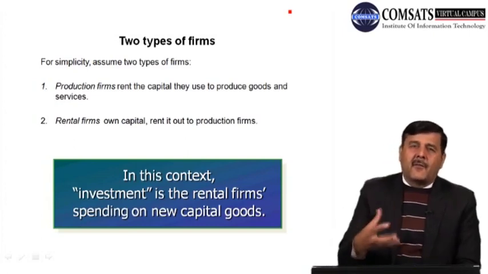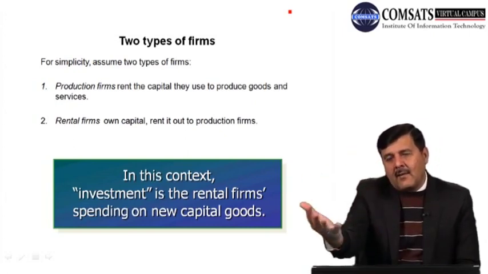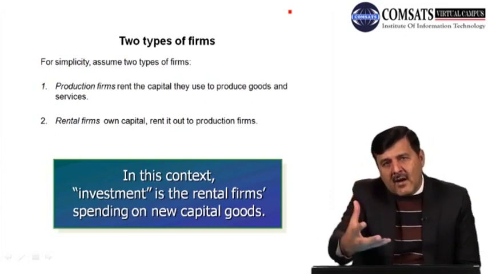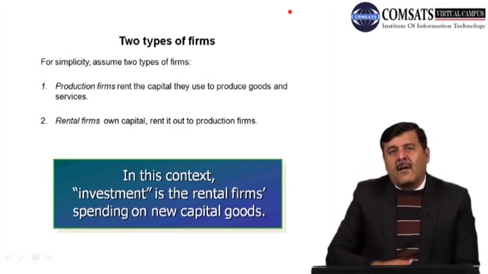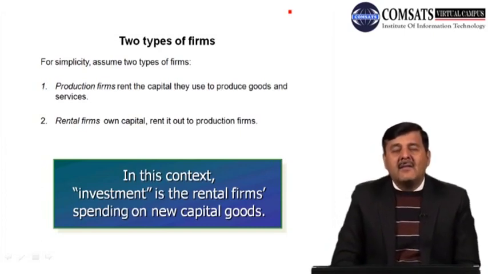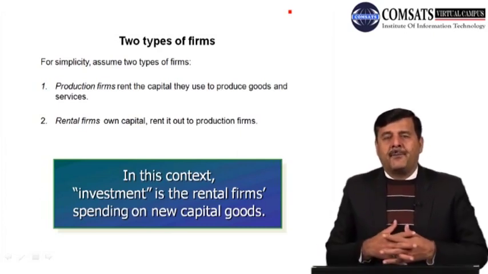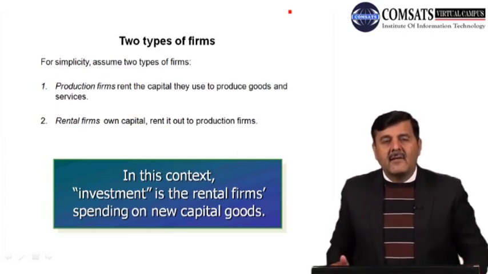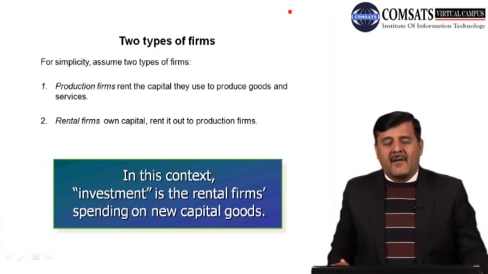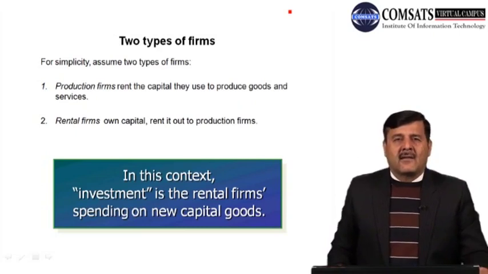That means production firms rent or take capital, and they use that capital in the production process and produce goods and services. Second are the rental firms, who own the capital and rent it out and supply it to the production firms. So production firms rent the capital from the rental firms and use that capital in the production of goods and services.